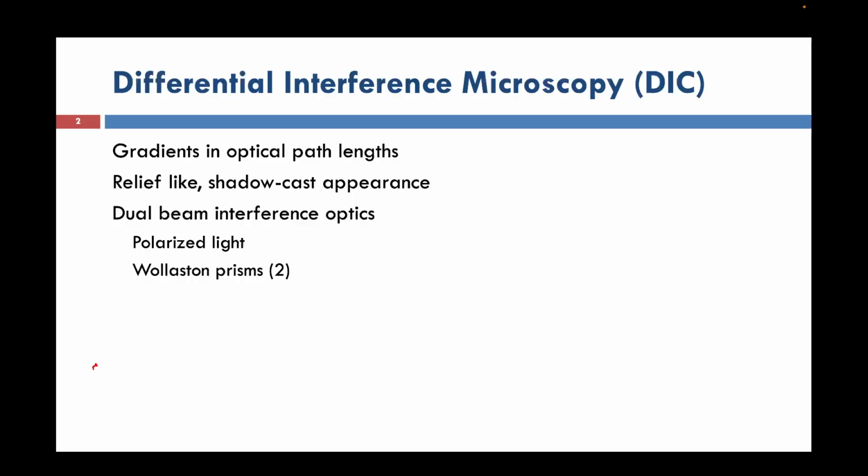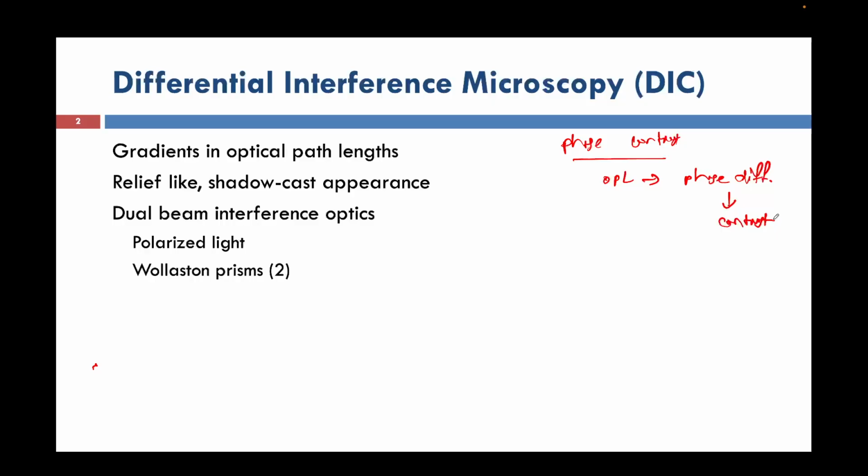As earlier we have known, in phase contrast the basic idea was that the optical path length was converted to phase difference, and subsequently from the phase difference the amplitude difference was created, and then we were getting contrast. So that was given the name phase contrast microscopy.